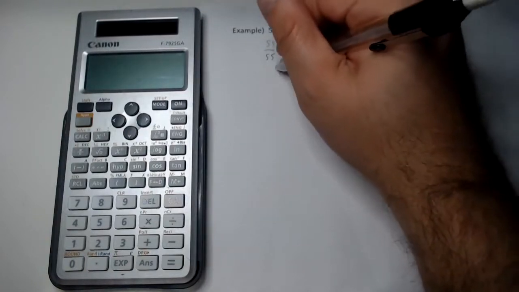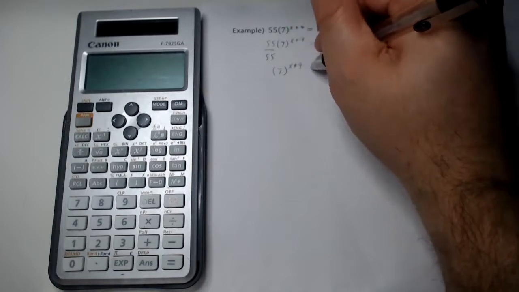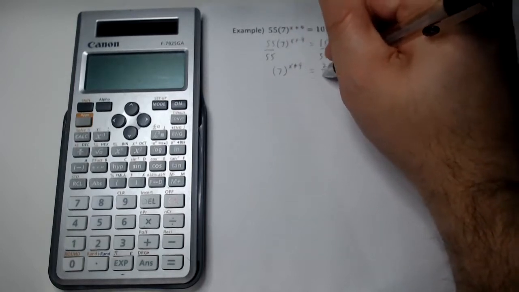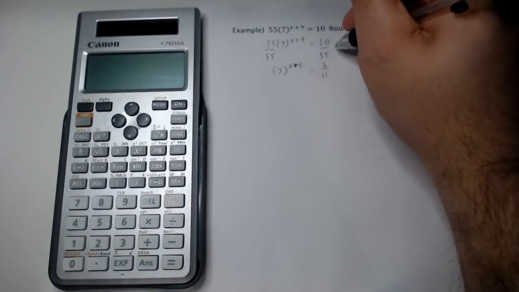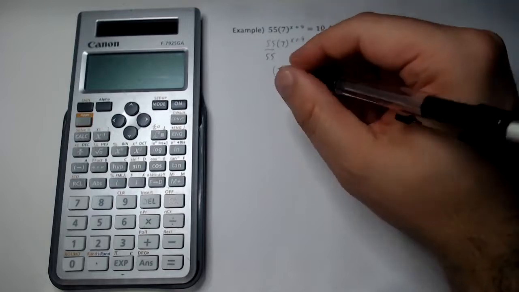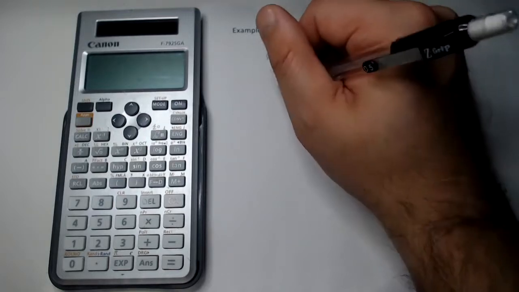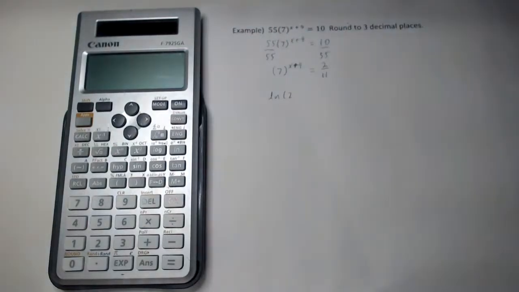And I have 7 to the x plus 9th power equals 2/11, because these are both divisible by 5. Okay, 7 and 2/11 are not convertible to a common base, so I'll use the natural log.